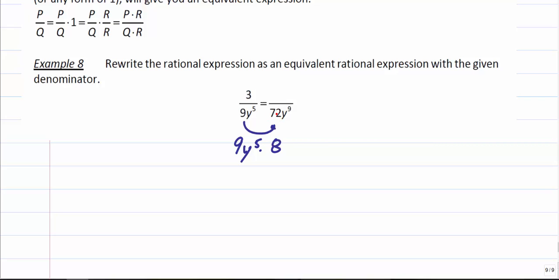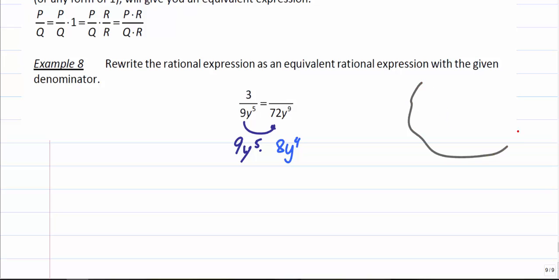Well, 9 times 8 is 72. What would I multiply y to the 5th by to get y to the 9th? Well, y to the 4th would give me y to the 9th if I multiplied it. So I look at the denominator I have and the one I want to go to, and I try to figure out what would be multiplied to get that.